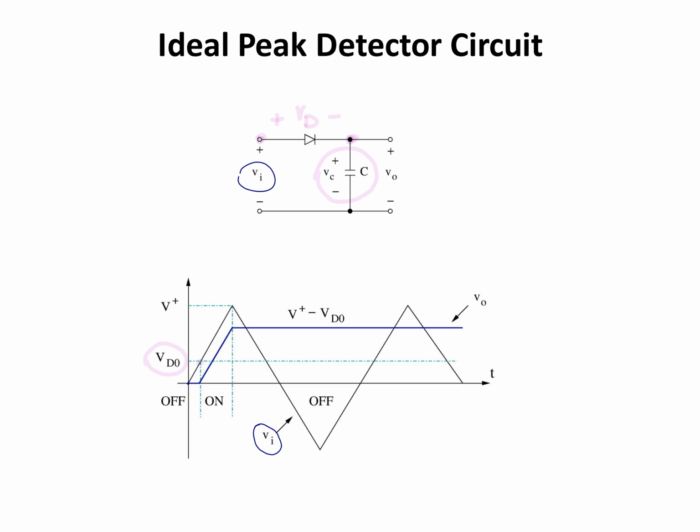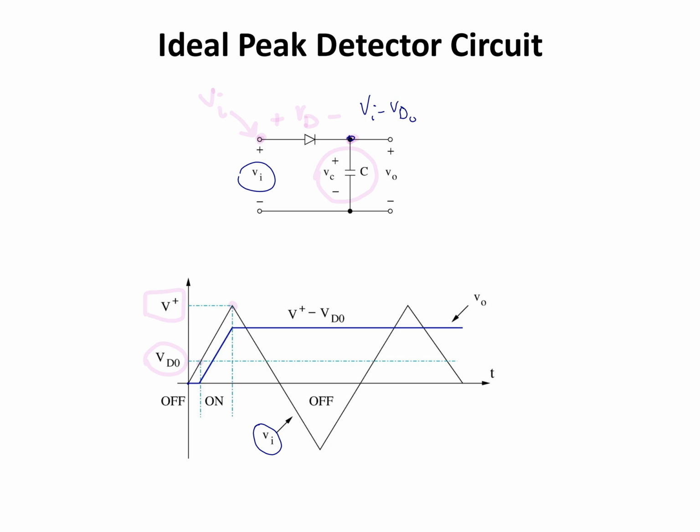As Vi increases, the voltage across the capacitor increases as well until Vi reaches its peak value of V plus. At that point this node is going to be at Vi and this node is going to be at Vi minus Vd on, and the difference between the two terminals of the diode is going to be equal to Vd on.